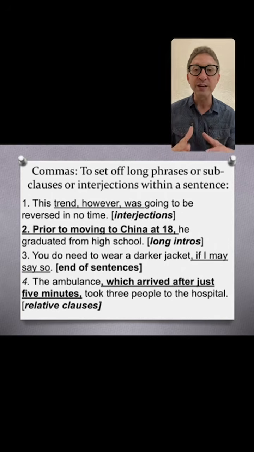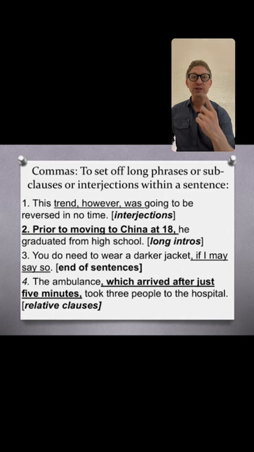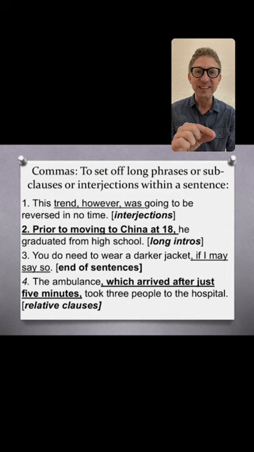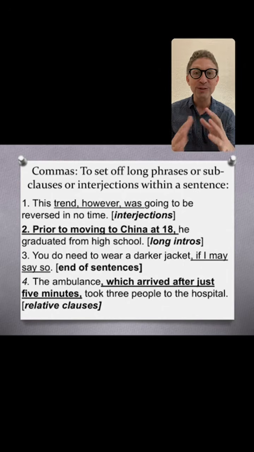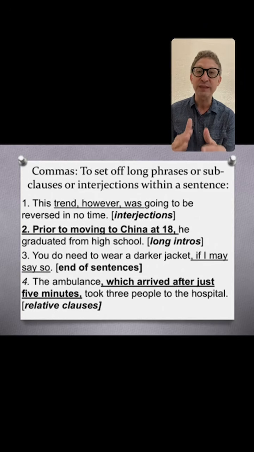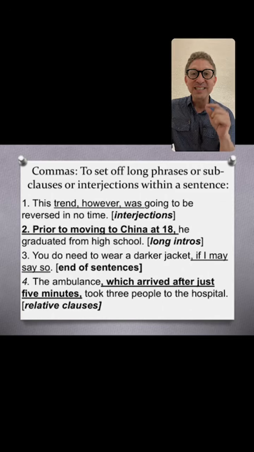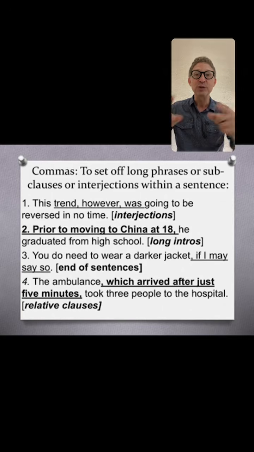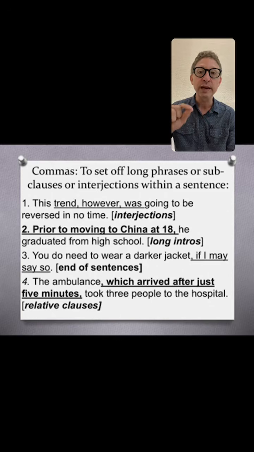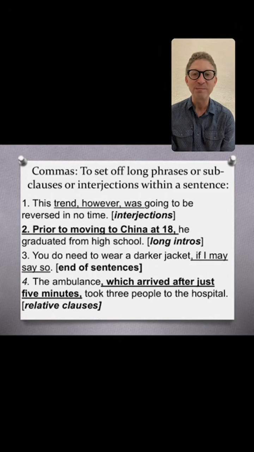So this trend was going to be reversed, turned around, changed immediately. By adding "however", we are just contrasting this idea from an earlier idea. So we've added it for a little bit of extra information, but it's not necessary to complete the sentence. So we use commas. "This trend, however, was going to be reversed in no time."